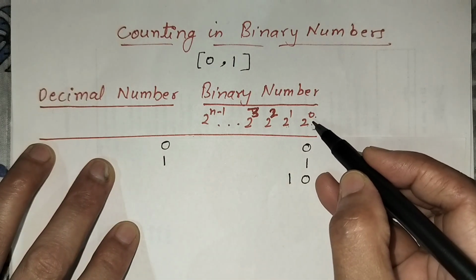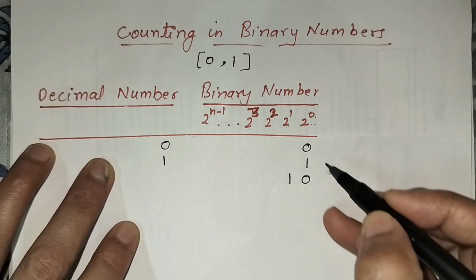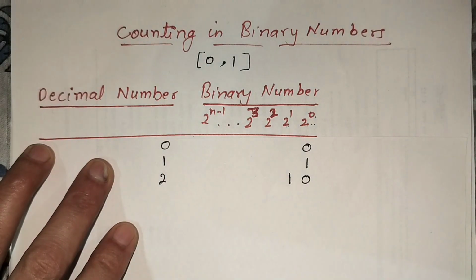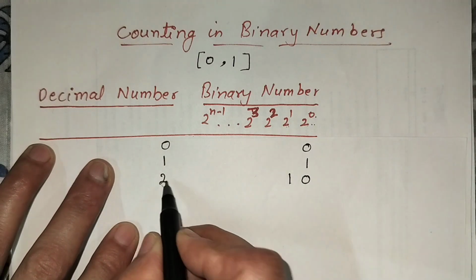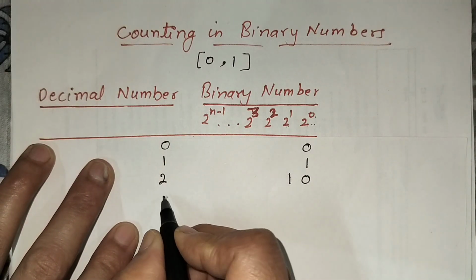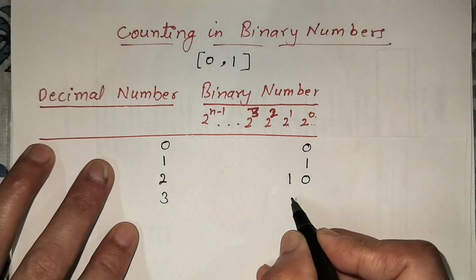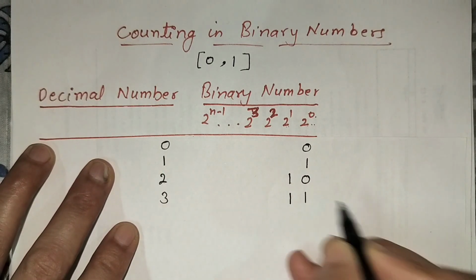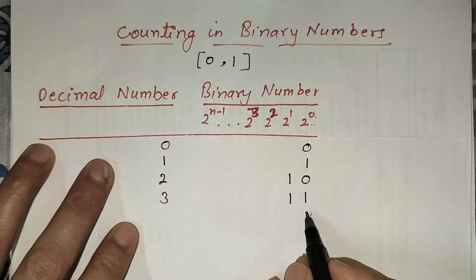This lowest position will alternate every time between 0 and 1, and this is equal to the decimal number 2. Now we will write 3. To write 3, we will put 1 here and the next number will also be 1. This is equal to 3.